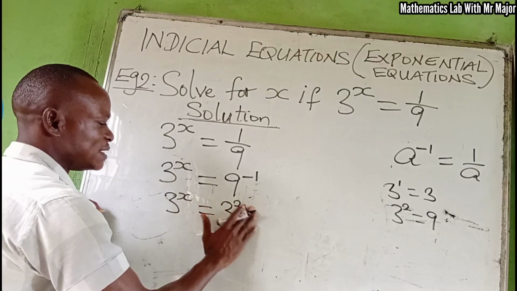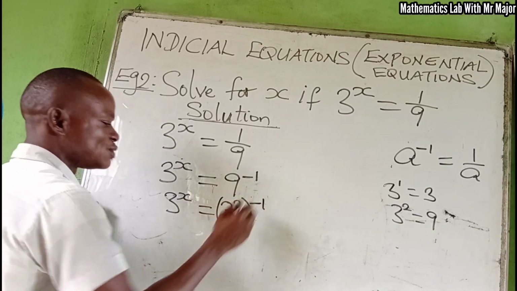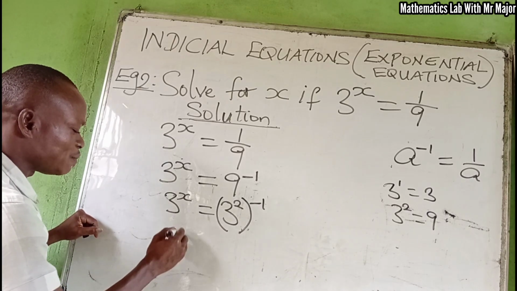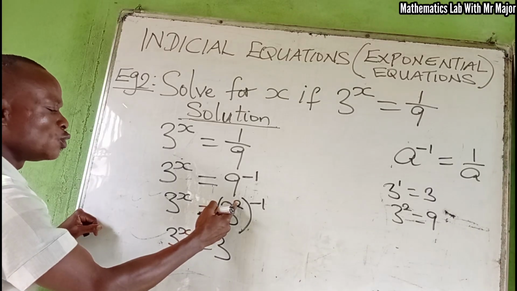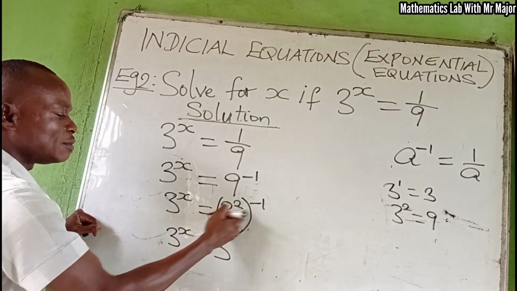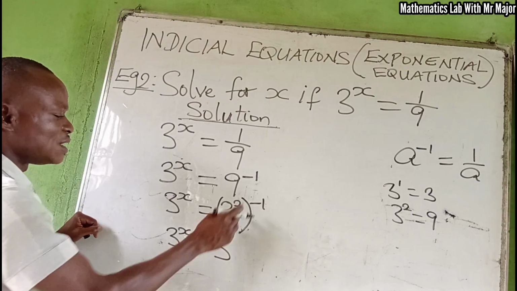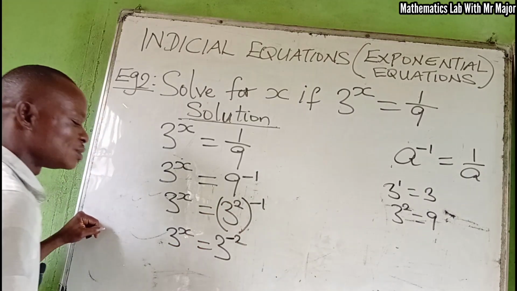We can also write it like this: 3 raised to power 2, then raised to power minus 1. The powers are multiplying each other now according to the power law of indices. 2 times minus 1 will give us minus 2.